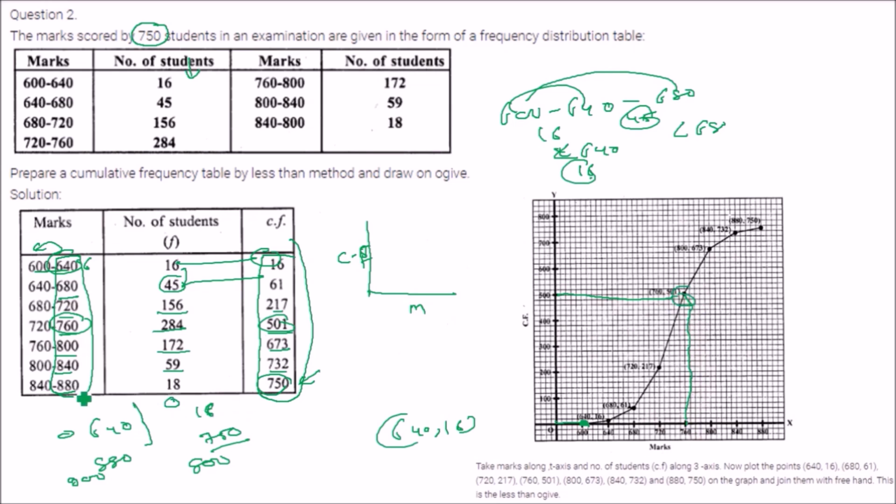Let me make one more point. x is 880, and y is 750, so this is somewhere here. Just join these points. This is your third point, and make a freehand curve. This is your OGIVE. So this is how we have to make it.